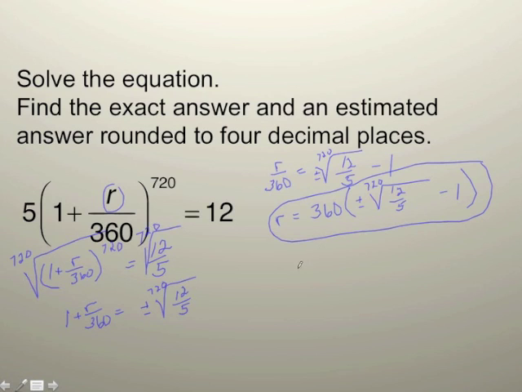When I grab my calculator and find an approximate answer, I find out that it's 40.4380 or negative 720.4380. Those are my approximate answers.